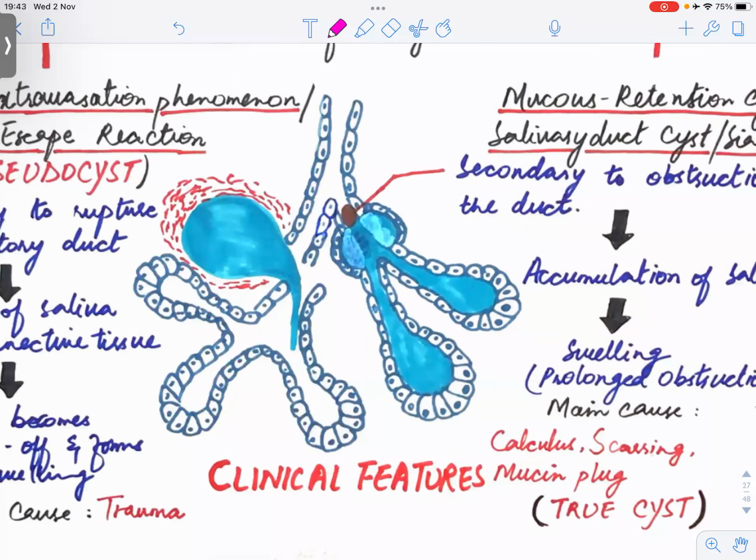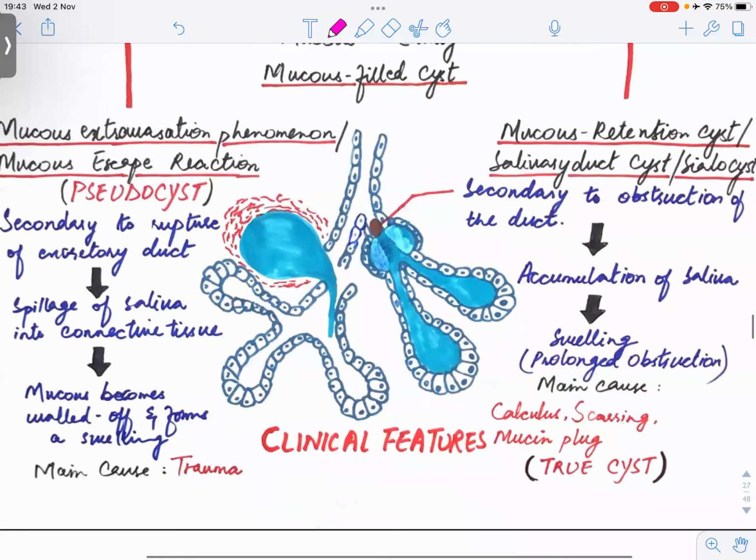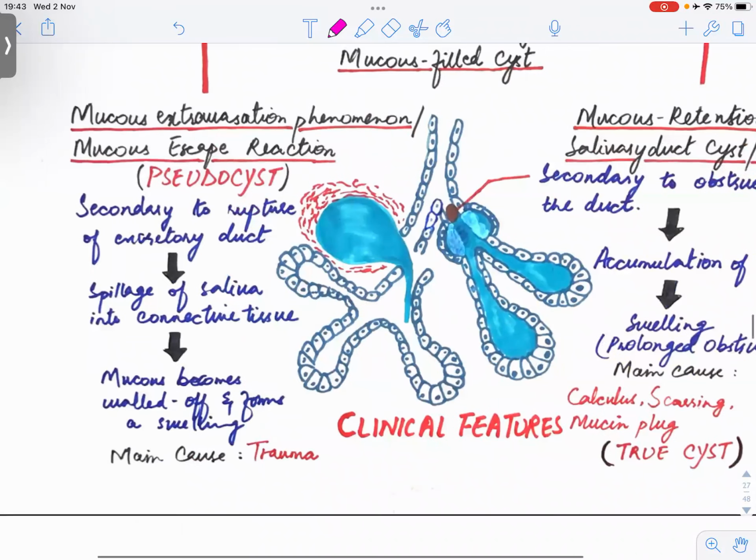But sometimes you may have an accident, or someone hits you in your face and causes rupture of the normal structure of the salivary gland. And we know that most salivary glands secrete mucus. The mucus was inside, but when the normal structure ruptures, the mucus will go outside.